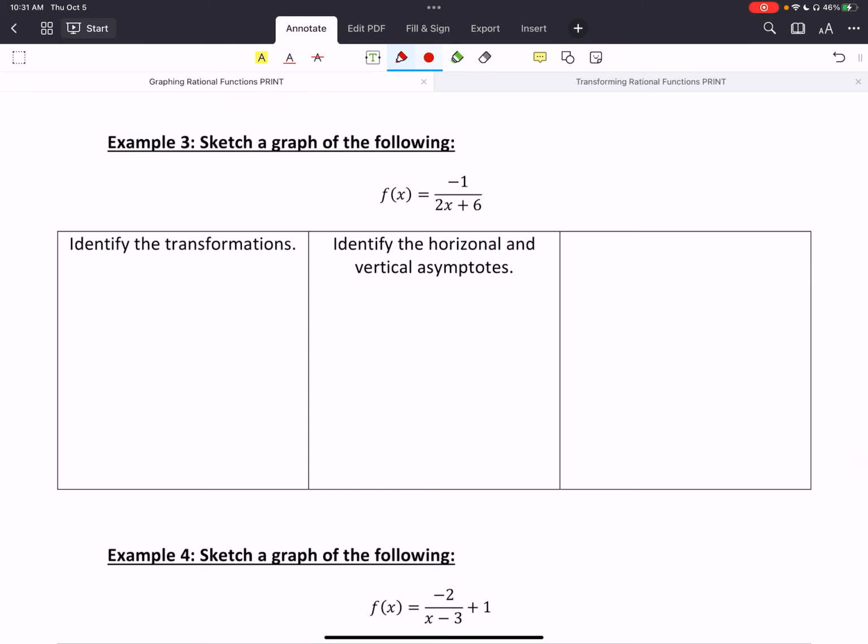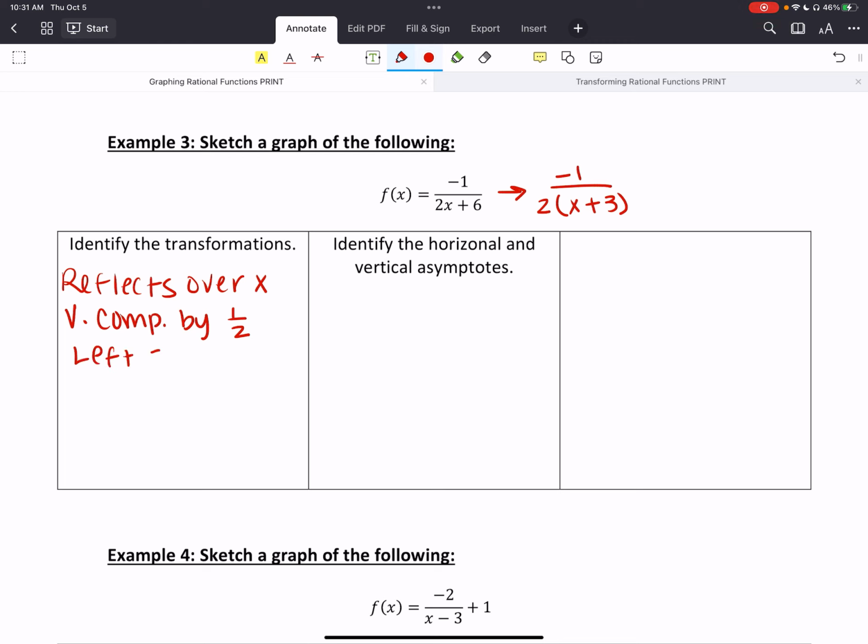So let's write our transformations. This one reflects over x. And this one we need to rewrite. So we need to take our GCF of 2 out on the bottom. When we do that, we're left with x plus 3. So that means we have a vertical compress by 1/2, and we go left 3.